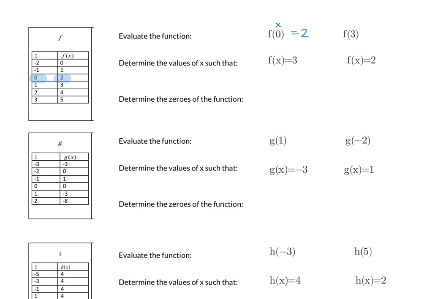Similarly, let's try one more. If we want f of 3, again, I want to know what is y when x is 3. Looking at our table, we go to our x column, find where x is 3, and I want the corresponding y value. So f of 3 is equal to 5.